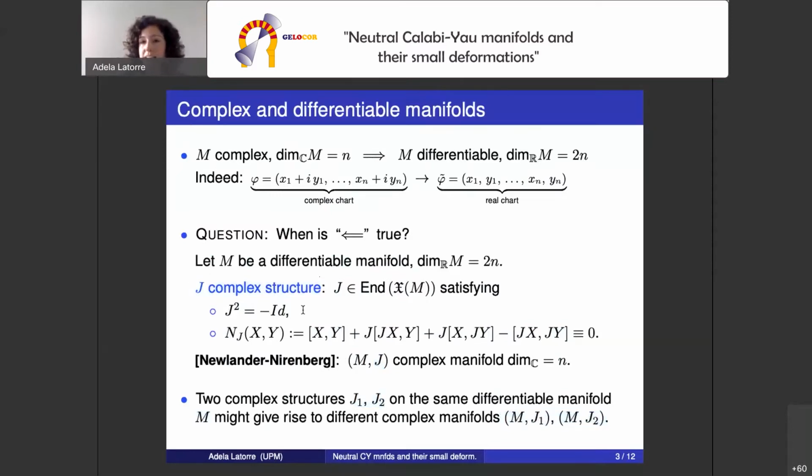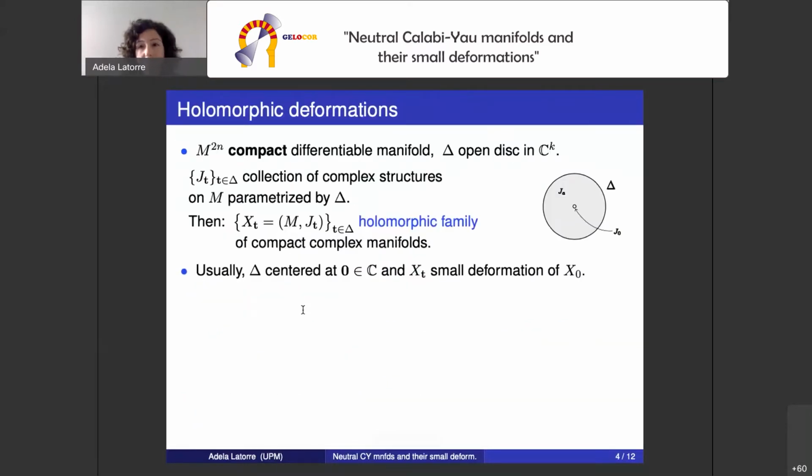And related to this comes the idea of holomorphic deformation. We fix a compact differentiable manifold of even dimension, and we consider on it not just one complex structure, but a collection of complex structures which are parametrized on a disk. This one.